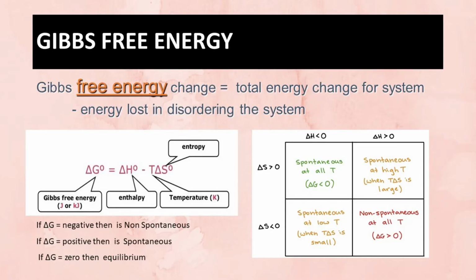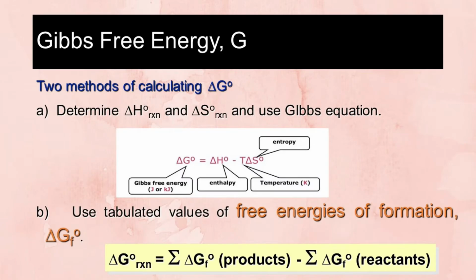Gibbs free energy is a thermodynamic potential that can be used to calculate the maximum of reversible work that may be performed by a thermodynamic system at a constant temperature and pressure. There are two ways in calculating the Gibbs free energy.